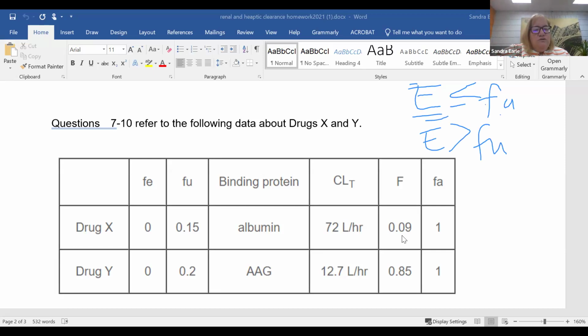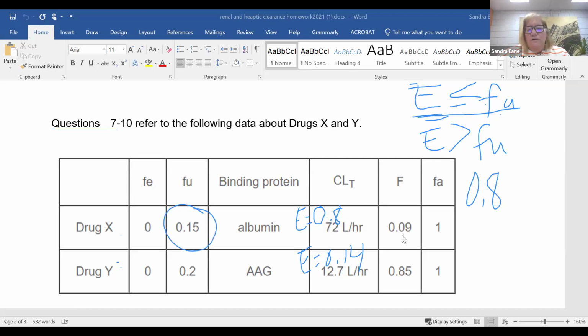So let's see what each of these drugs are. If we compare our E, this one was 0.8 and this one was 0.14. I think we asked about drug X. So drug X has an E of 0.8 and has a fraction unbound of 0.15.